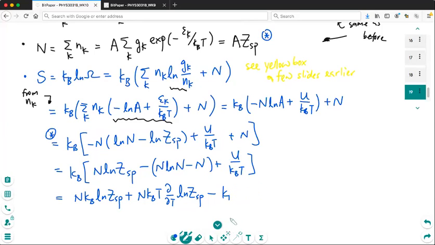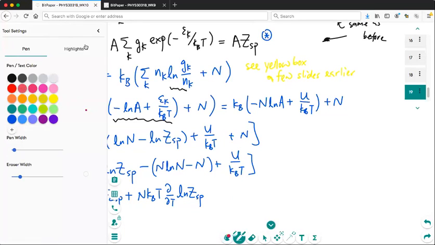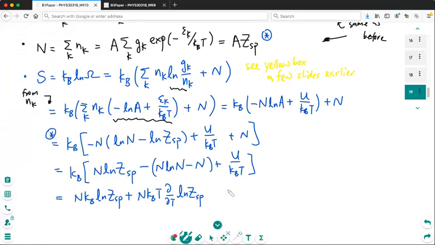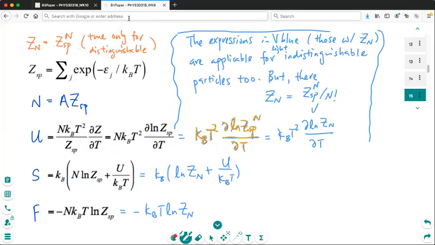Okay, actually I changed color. Okay, now it's important to pay attention that this is S, this is entropy. And if you compare with what we learned before, the entropy here, right?